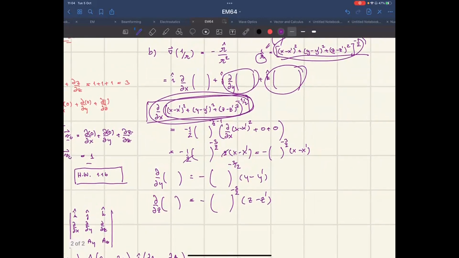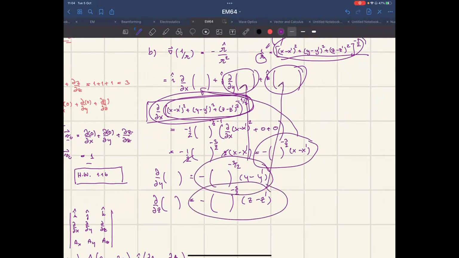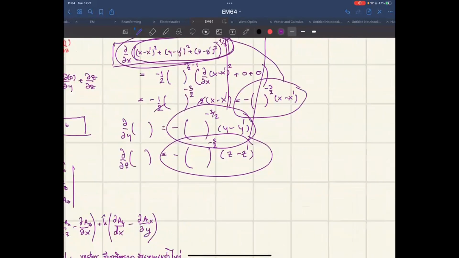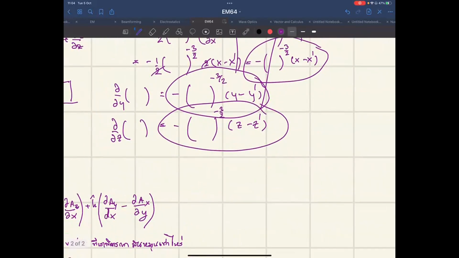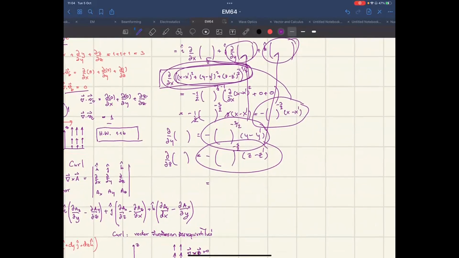Now what are we going to do? We just put this thing back into x, this thing back into y, and this thing back into z. And we have this, we have that.